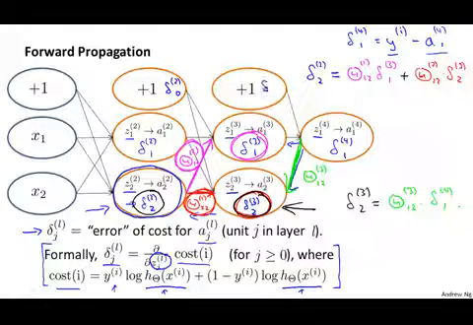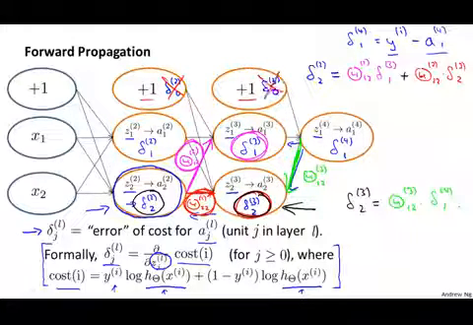The bias units always output the value of +1, and they are just what they are, and there's no way for us to change the value. And so depending on your implementation of backprop, the way I usually implement it, I do end up computing these delta values, but we just discard them and we don't use them because they don't end up being part of the calculation needed to compute the derivatives. So hopefully that gives you a little better intuition about what backpropagation is doing.